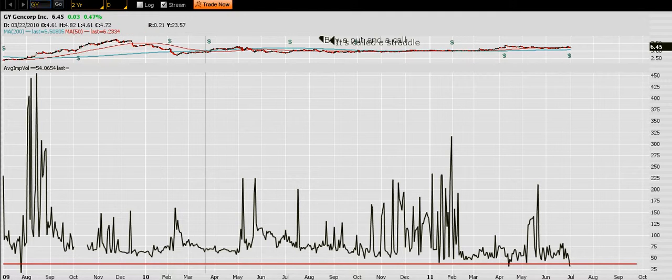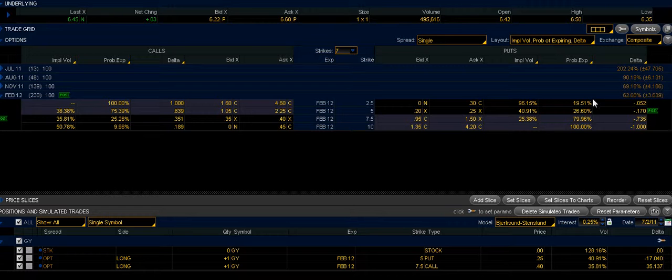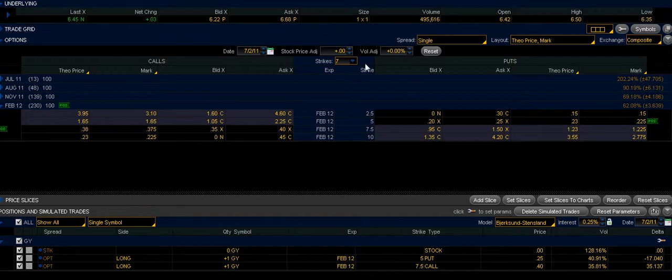Now, if I go back to this chart, you do some mean reversion. Generally, and this is just eyeballing it for me, we can say that volatility tends to find a happy medium around the 100% level. So, we'll go to our pricing calculator just to see what would happen.